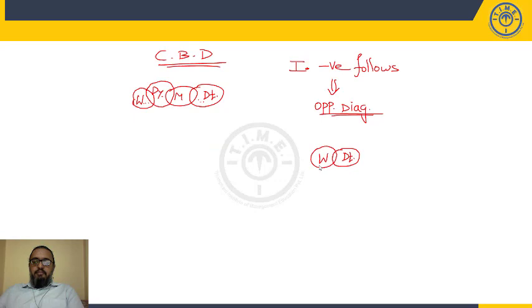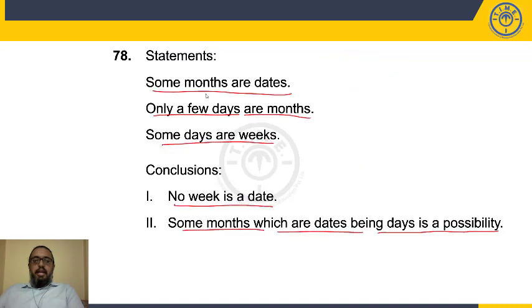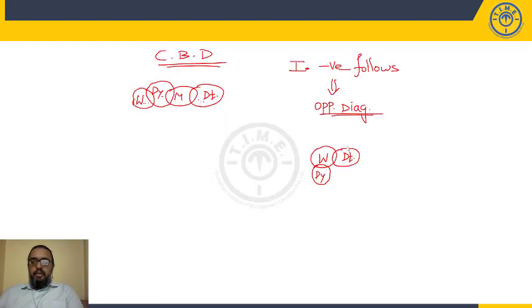And then we have some months are dates, but at the same time, only a few days are months. So the months circle should touch both the dates circle and the days circle. That's how you have to draw.